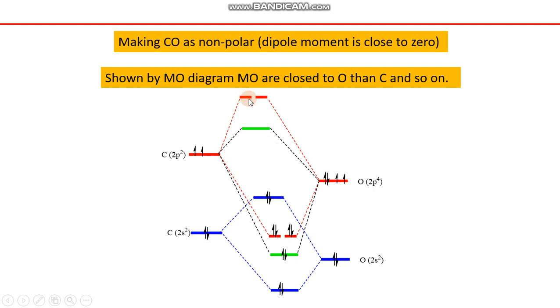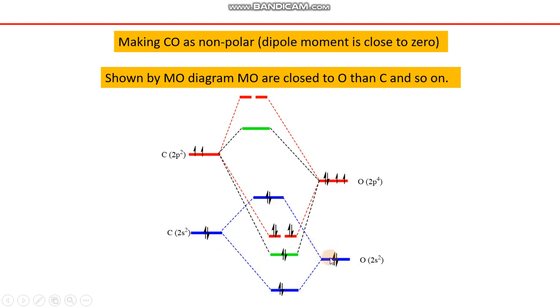This also we have to explain on the basis of this diagram. As we have explained, the electronegativity of the two bonded atoms, carbon and oxygen, is different, and therefore we constructed this molecular orbital diagram on the basis of their electronegativity.